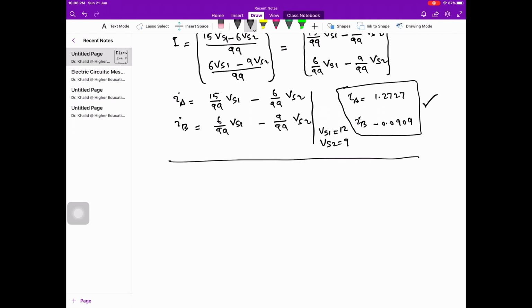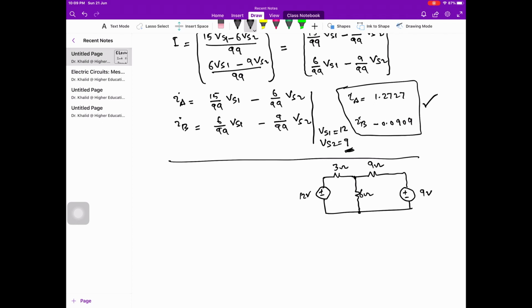Now reproducing the circuit again, I will be using values directly. This is 3 ohm and this is 9 ohm and this was 6 ohm, and the voltage over here is 9 volt which I used earlier, and the voltage over here is 12 volts.